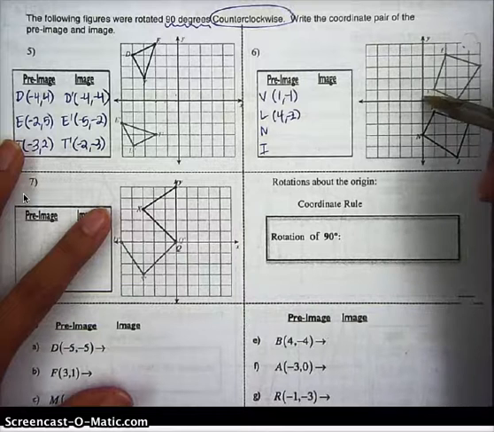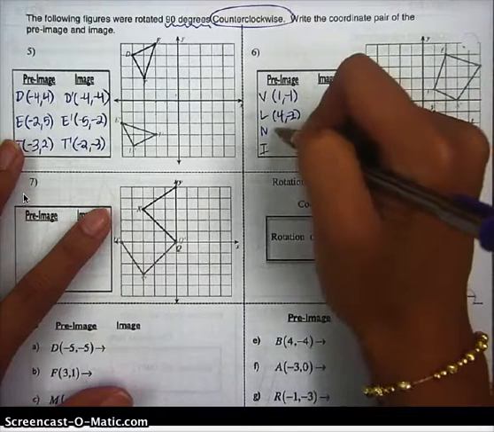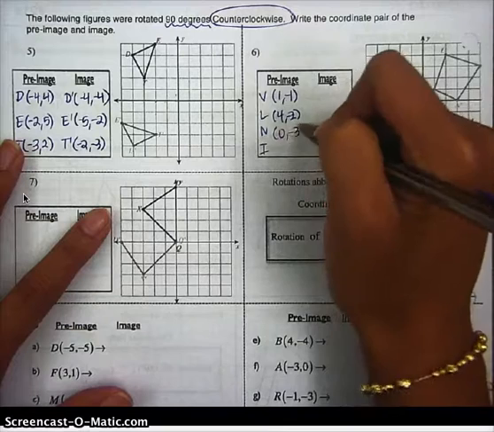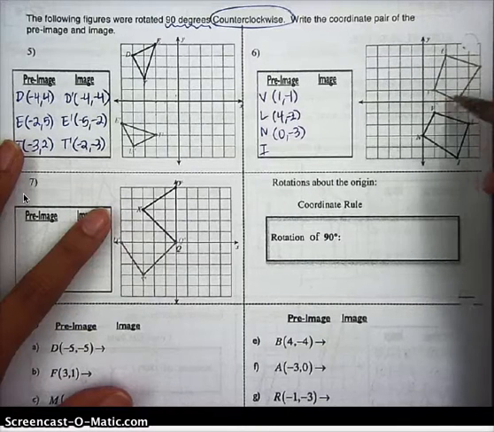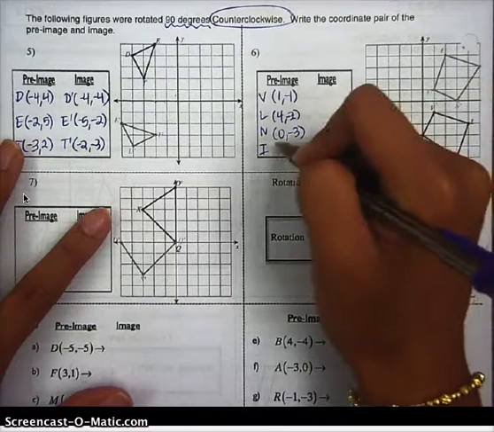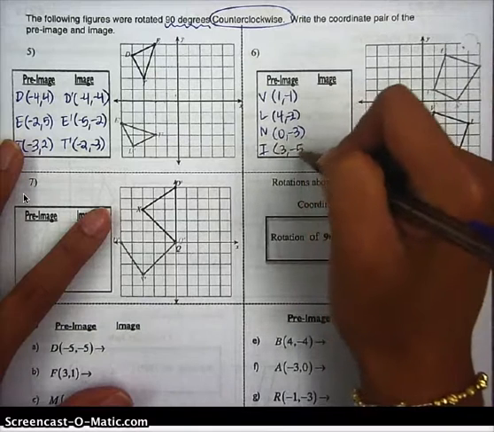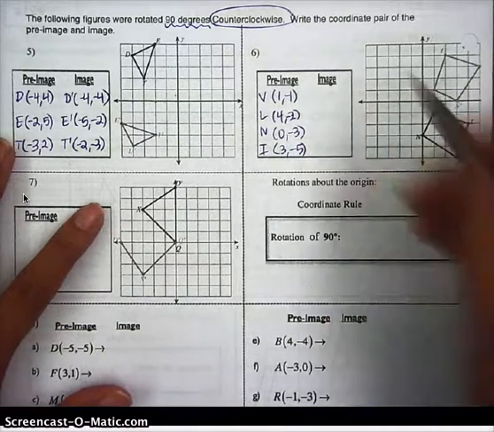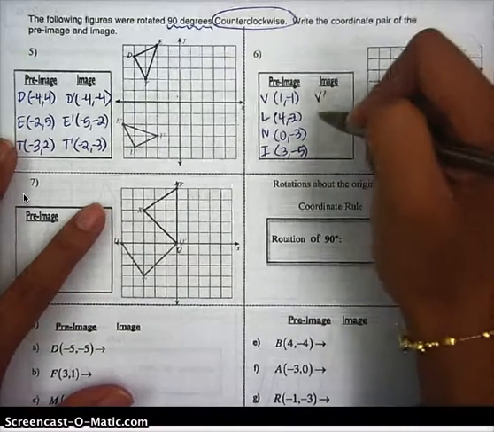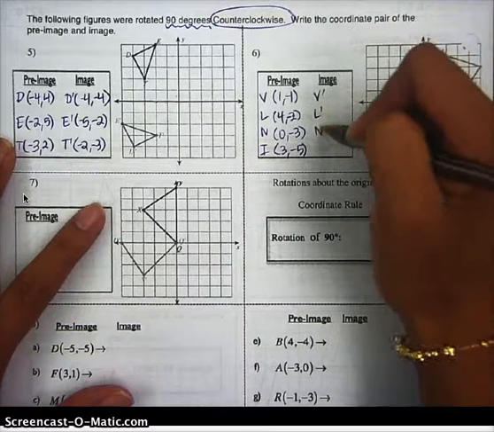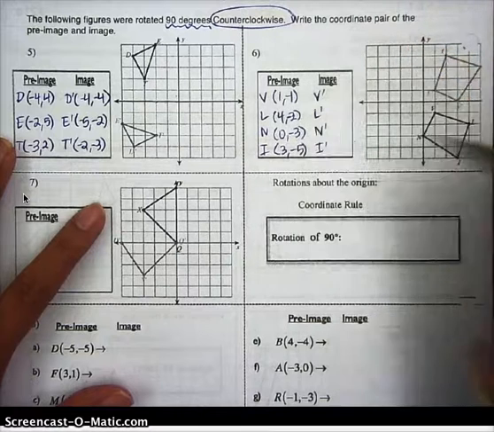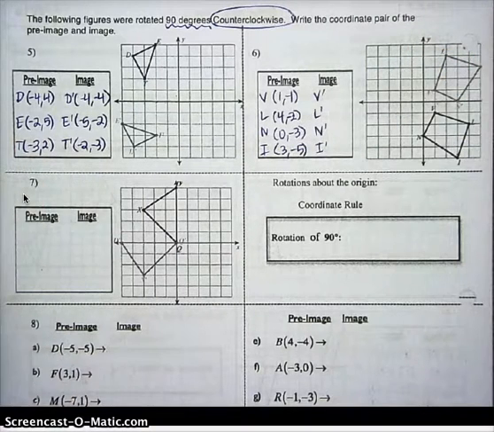N is going to be 0 because it's not moving left or right, but 1, 2, 3, so 0, -3. And I is going to be 1, 2, 3, 1, 2, 3, 4, 5, so 3, comma, -5. Now it's going to be your responsibility to find out what V prime, L prime, N prime, and I prime is. Go ahead and try that on your own.